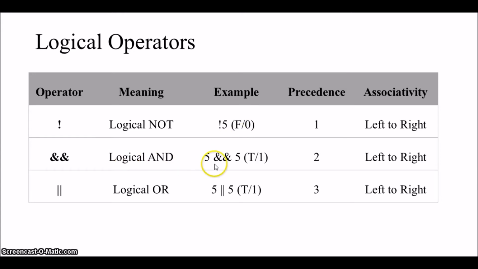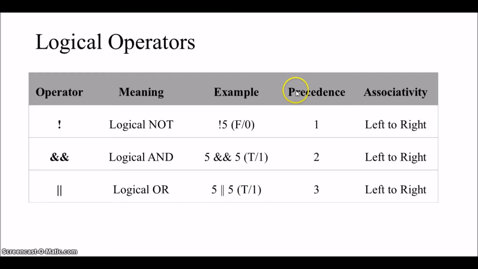Logical AND, 5 and 5, true and true, will give the result as true. Why true? We'll see it by studying the truth table. Similarly, 5 or 5, true or true, again the result is true. Again we'll see in the truth table how we got this result.